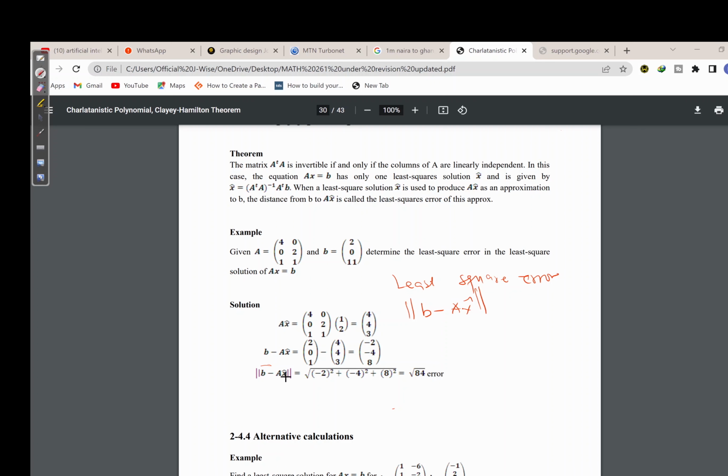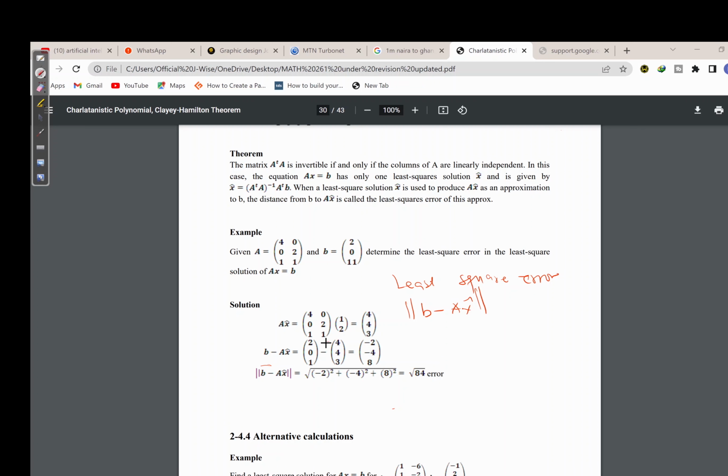So to find the least square error, you need to know your least square solution. The least square error is given by the distance between b and A x hat, where x hat is the least square solution. So we know our x hat, we know our b, we know our A. First of all, we multiply matrix A by the least square solution.